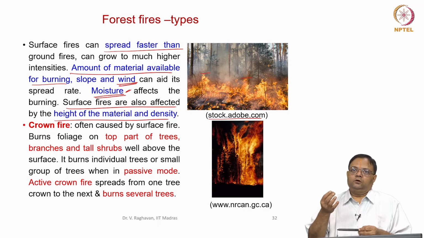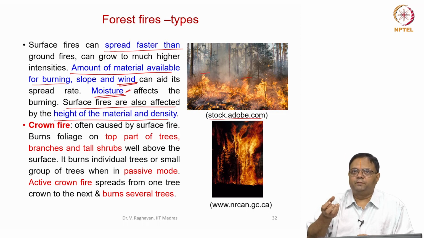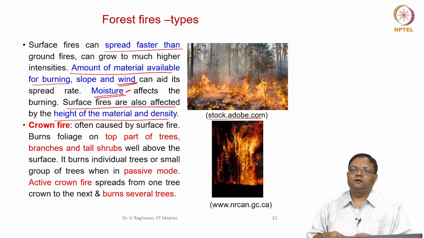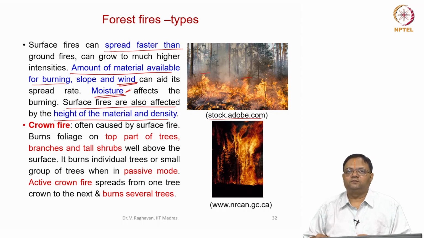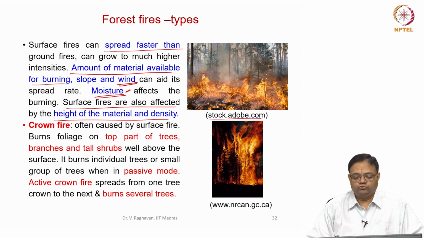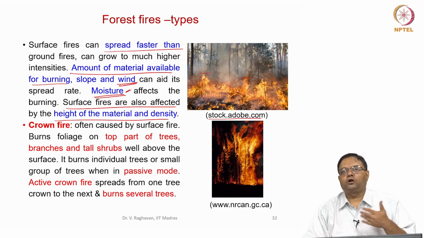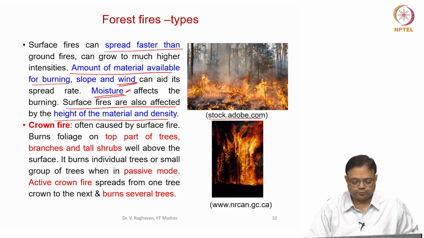For example, a leaf or a needle, shrubs, etc., are actually light and packed in the ground. If you have some trunk or big branches fallen down, then they will not burn at the same rate as the leaves and needles, etc. So how fast the individual material can burn will contribute to the faster spread of the surface fire.